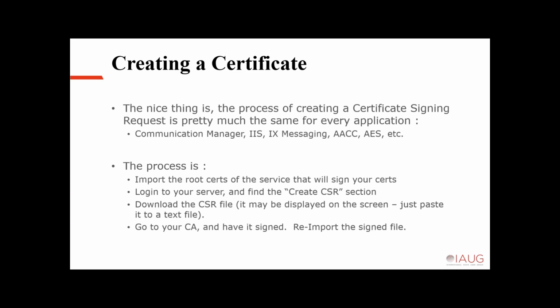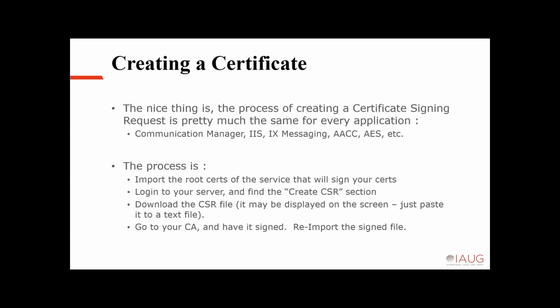The nice thing is the process of creating a certificate signing request is pretty much the same for every application that you're going to be dealing with. Communication Manager, ISO in the Windows world, IX Messaging, AACC, AAS. Generally, this process is you're going to import the root certificates of the server that you want to sign your certificate, from the service that you want to have sign those certificates.